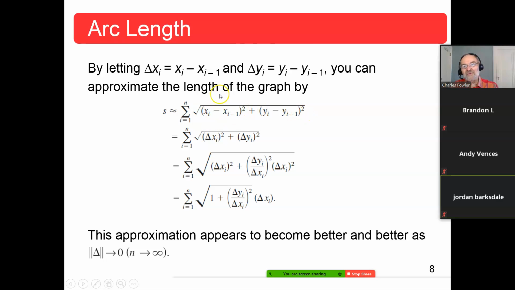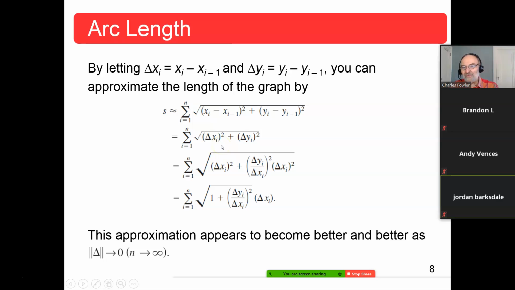Take a square root of it. That would be that arc length, that straight line distance. Sum up all those as i goes from 1 to n. Okay, well, what does that produce? This is your delta x sub i. That's your delta y sub i, square root of that.